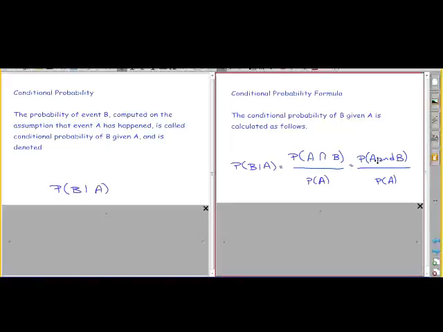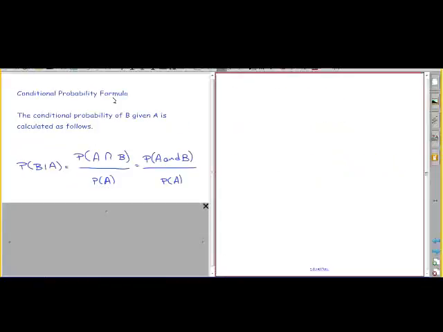Because what we're typically wanting to figure out is the probability of A and B happening, given that we know or can determine this and that. So let me write that out. Typically we solve for the probability of A and B happening.